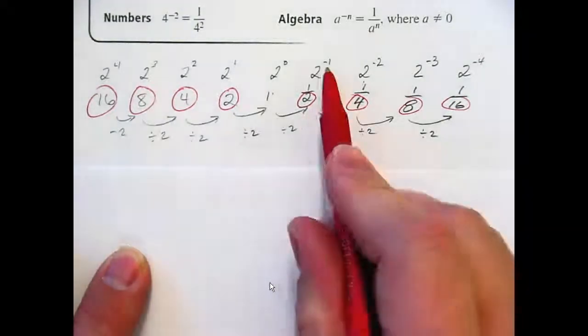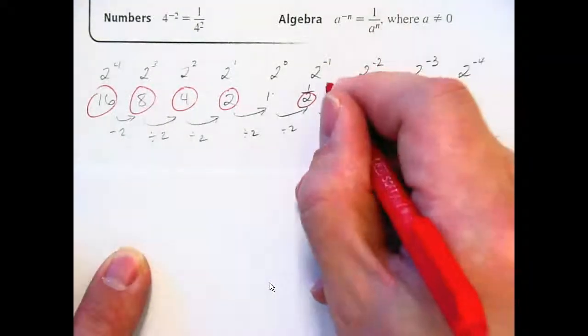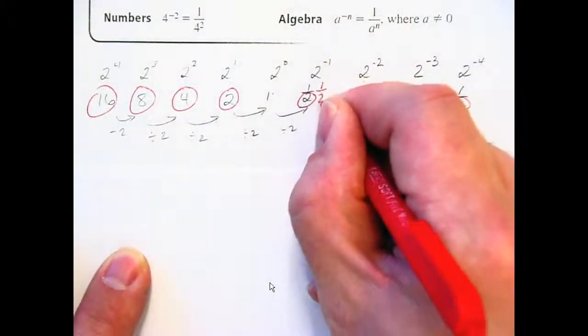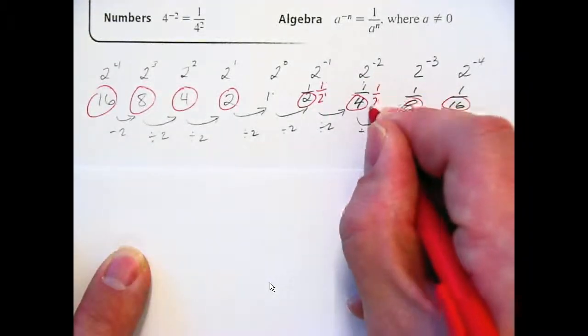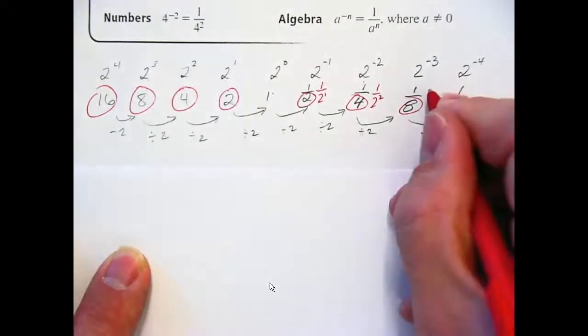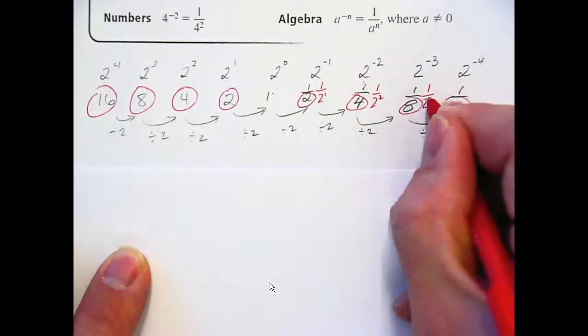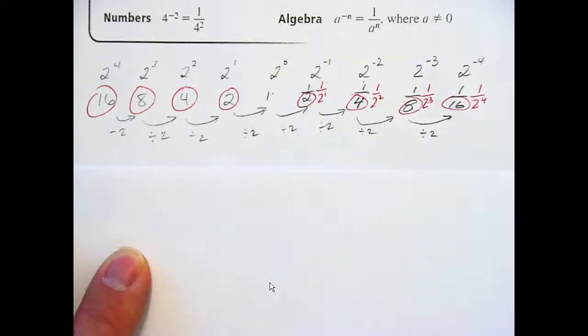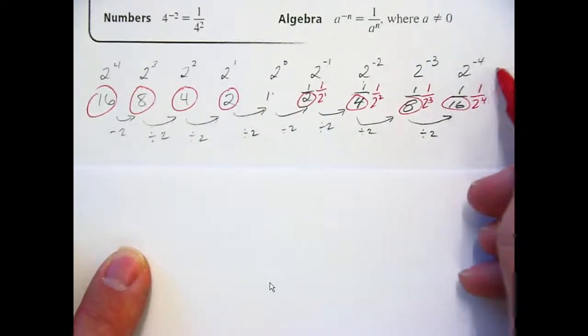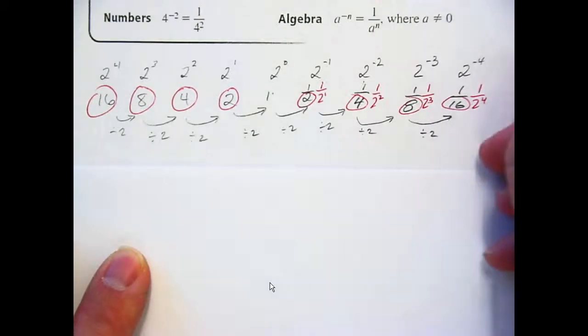This is saying 2 to the negative first is really just 1 over 2 to the first. 2 to the negative second is really 1 over 2 to the second. This is 1 over 2 to the third. This is 1 over 2 to the fourth. So anytime you have a negative exponent, all you're doing is writing it as a fraction.